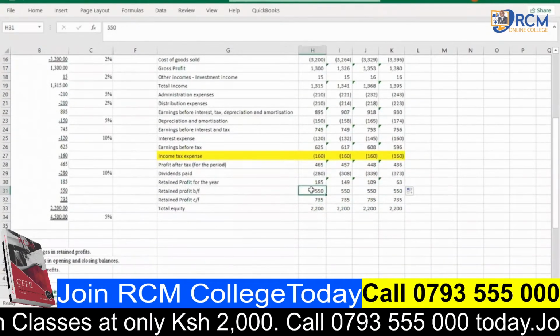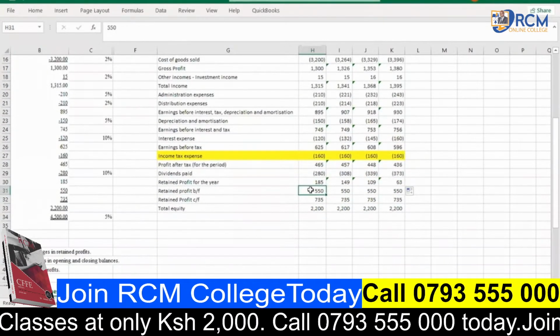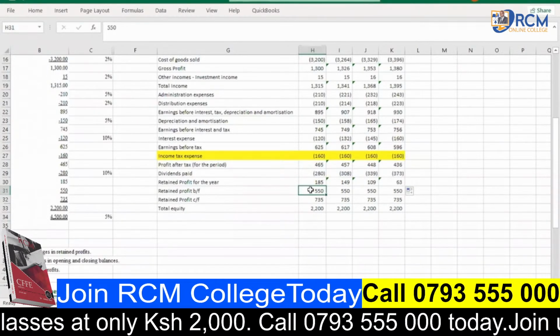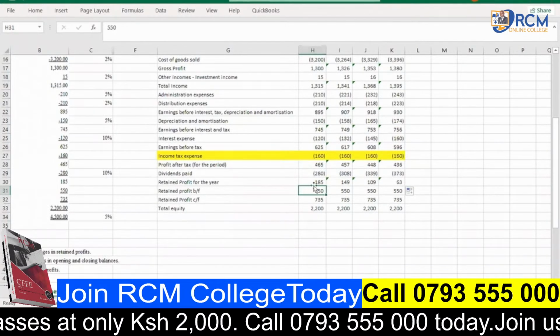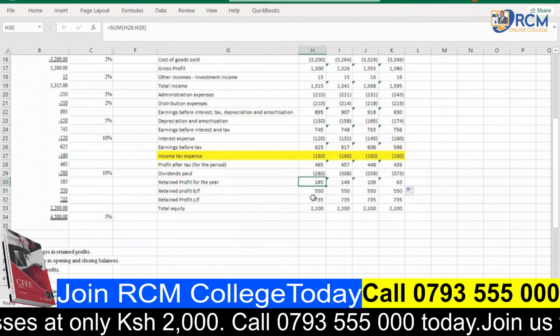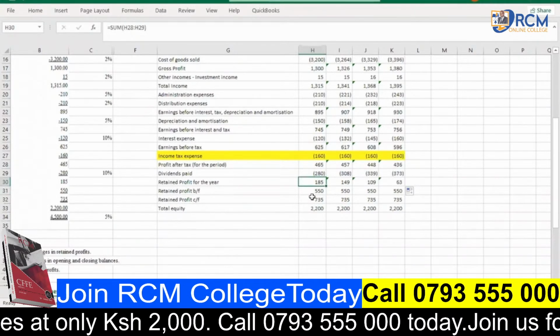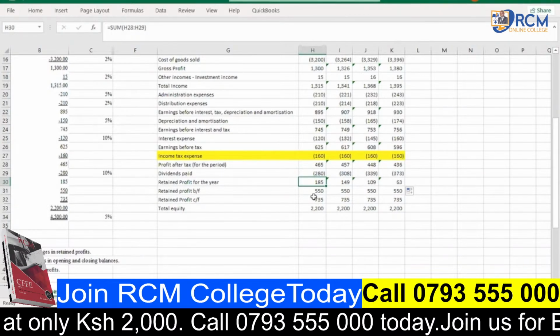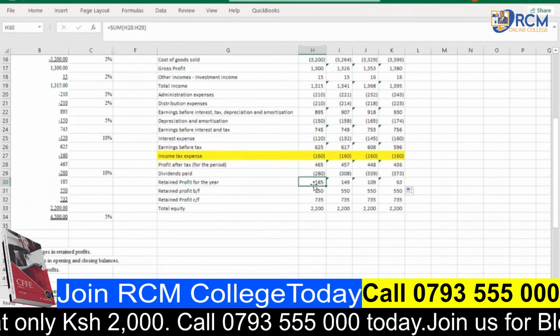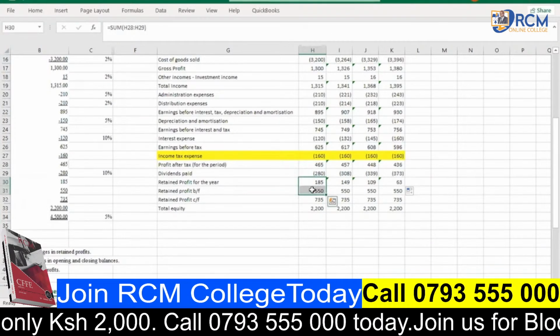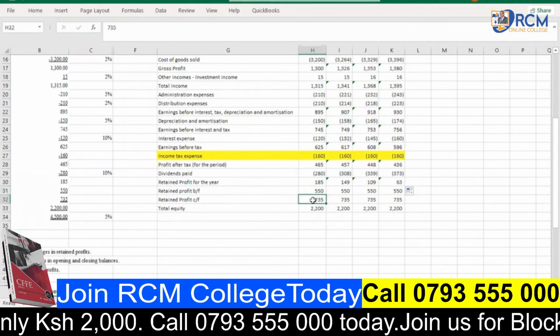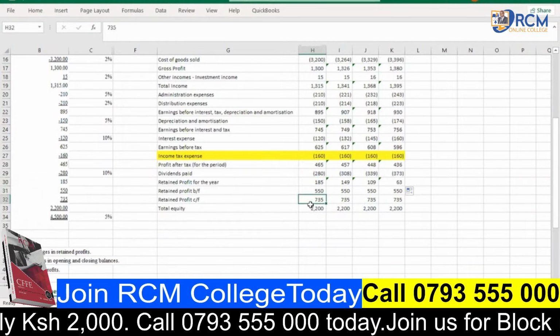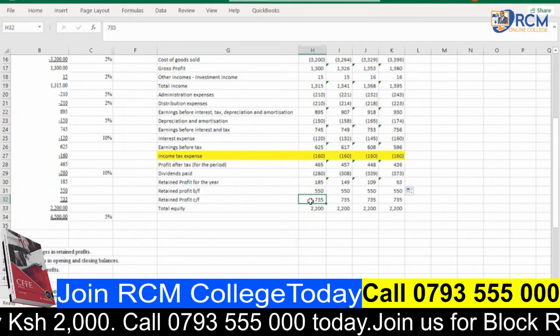So the retained profit brought down from 2021, you add to the retained profit for the year to give you retained profit carried forward, or retained earnings carried down. If you add these two, you are supposed to get 735. And that is the 735 we see here.